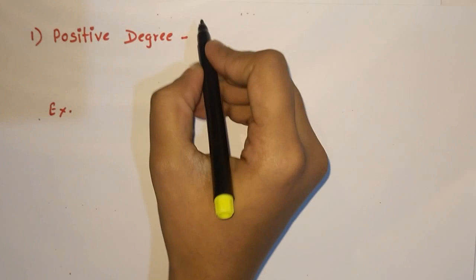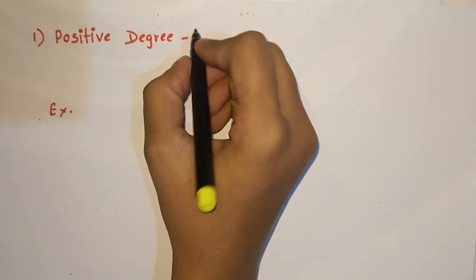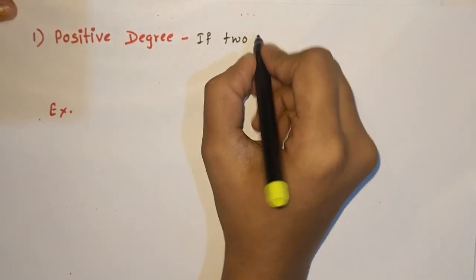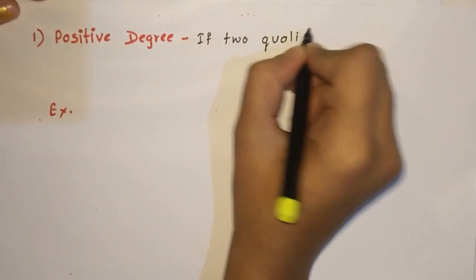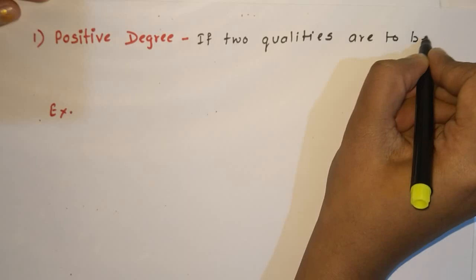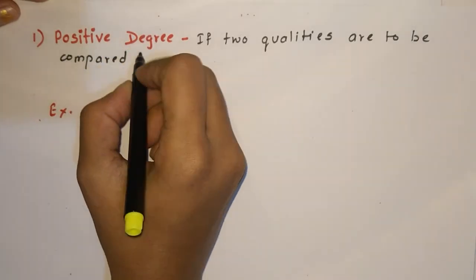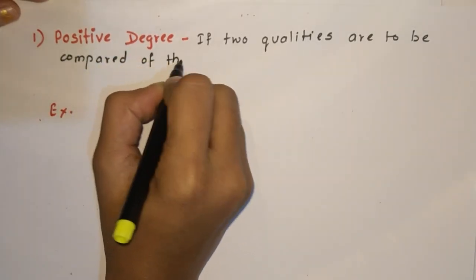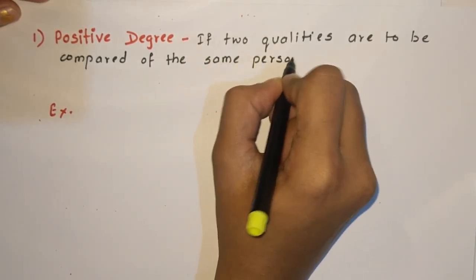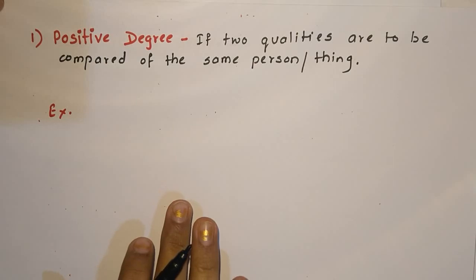If two qualities are to be compared of the same person, or we can say thing, then we use positive degree.